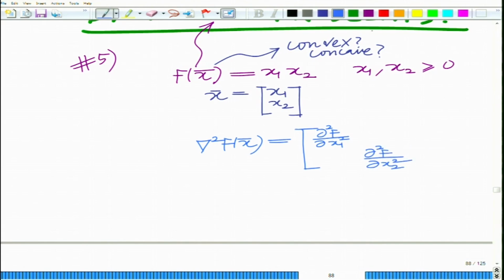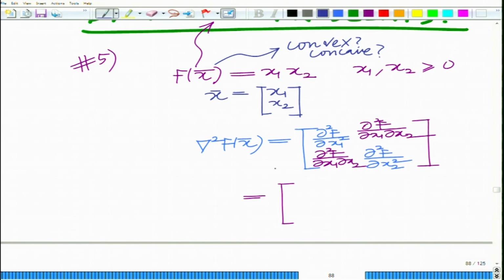These are the two diagonal elements, and the off diagonal elements are dou square f by dou x1 partial with respect to x1 and x2.